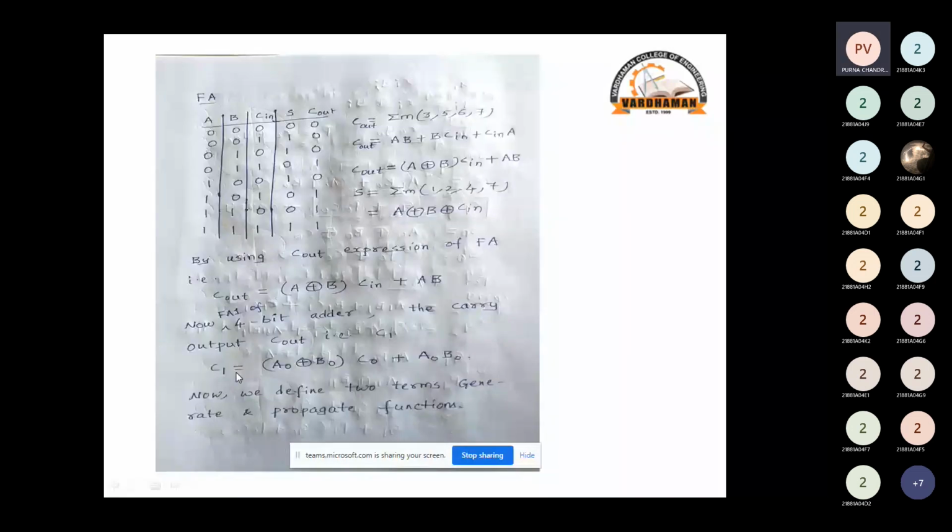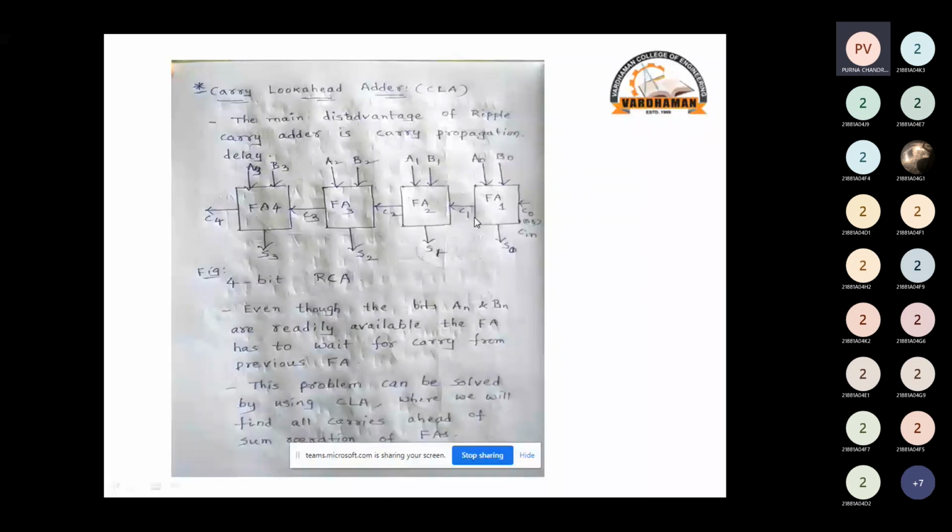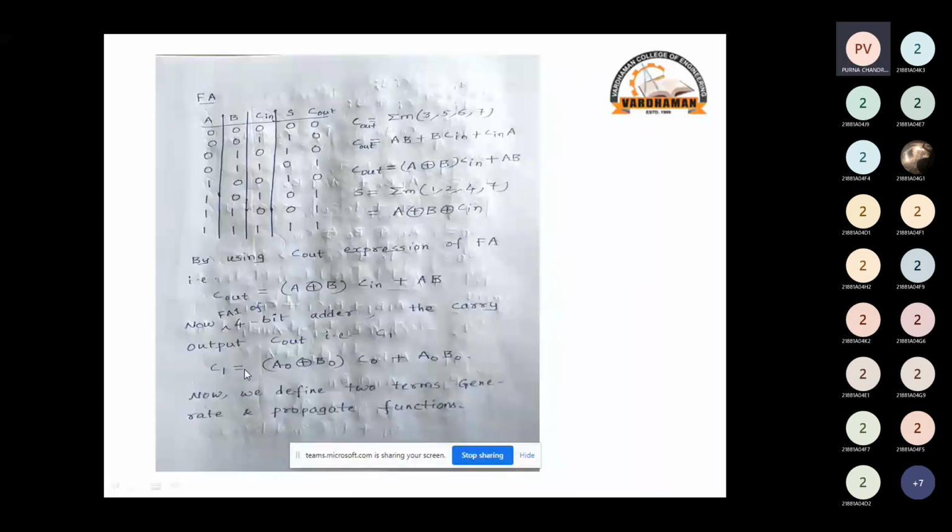Now, for full adder 1 of a 4-bit adder, the carry output Cout is C1. For the first full adder, what are the inputs? A0, B0 and C0. What is the carry expression?